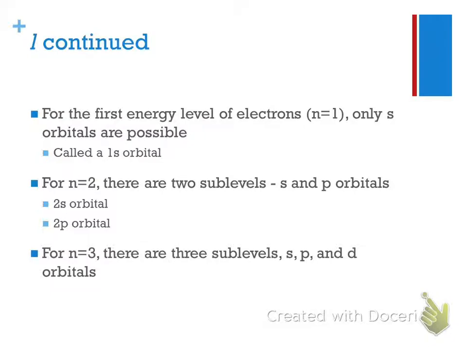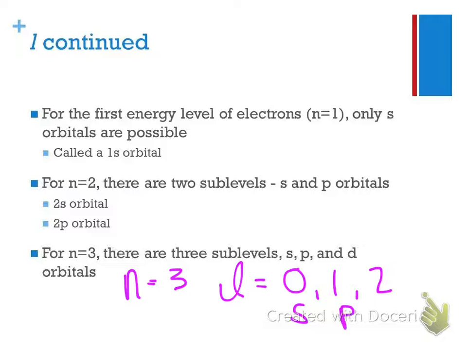For n equals 3, when we move down another energy level, L is equal to 0, 1, or 2, which would correspond to S, P, and D orbitals. So as we move down, we've got more availability for electrons to be stored.